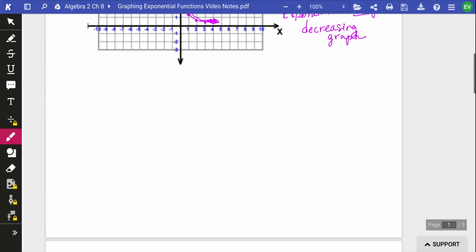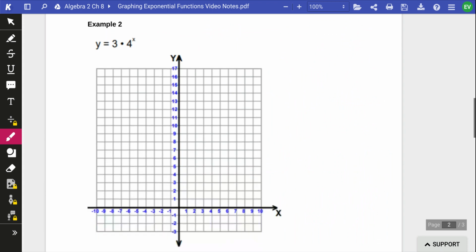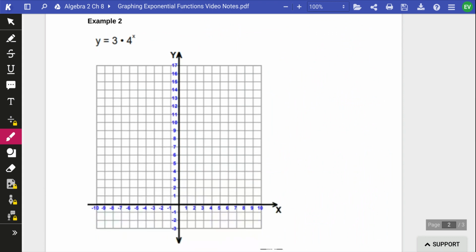For the second example that I have, y equals 3 times 4 to the x power. Again, we have that x power, so we know we have some sort of exponential function. I'm going to do the same thing. Choose some x values, substitute them in, and calculate a y value, and then graph those points.